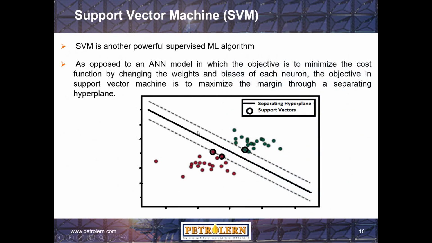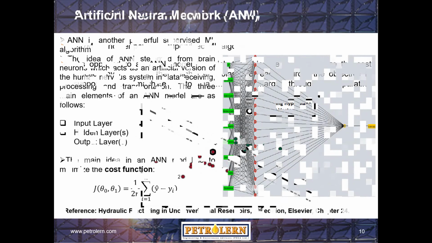But you want to draw it in a manner that the distance from these support vectors to the separating hyperplane is maximized. The reason it's called support vectors is because these points here that are closest to the separating hyperplane are called support vectors. So that's the idea in a support vector machine, which is a supervised machine learning algorithm.